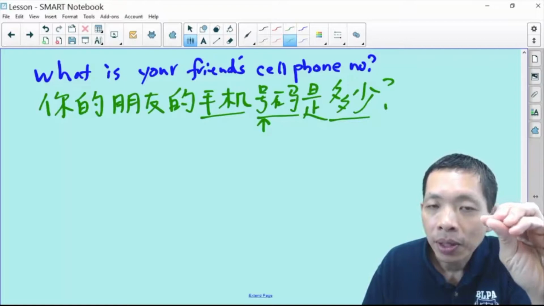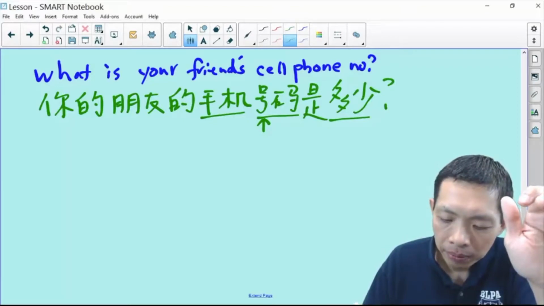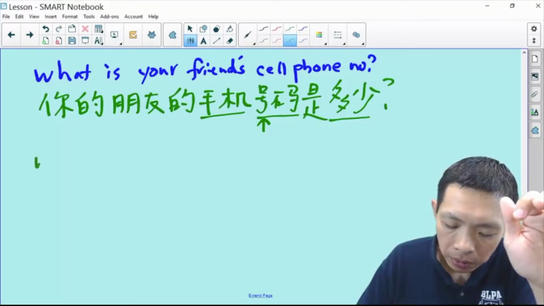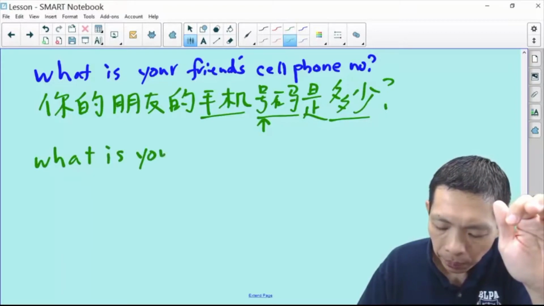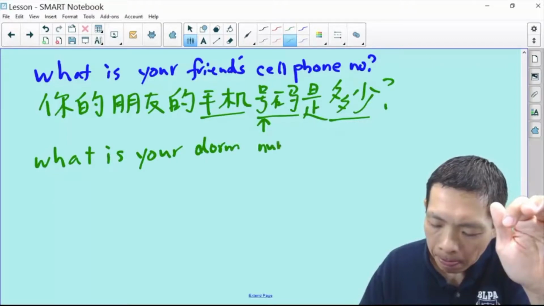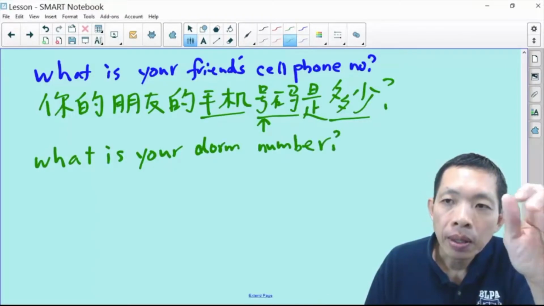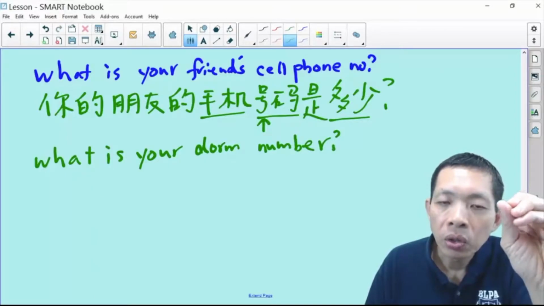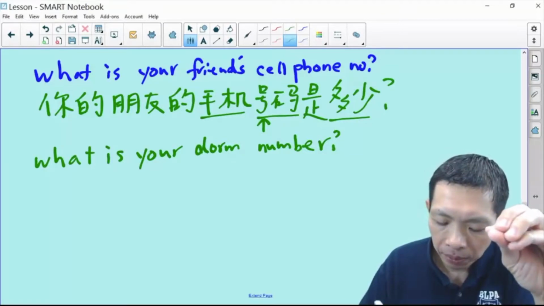Okay, so think about this. Now, if you use a dorm number, so what is your dorm number? Because number, when you say dorm, actually has a number like 223, for example.